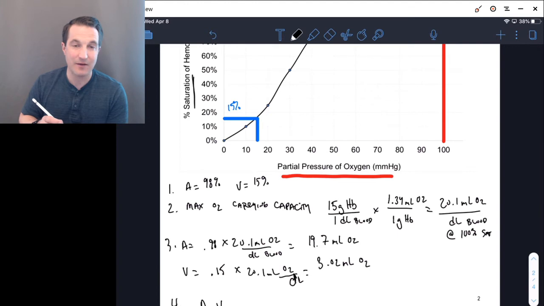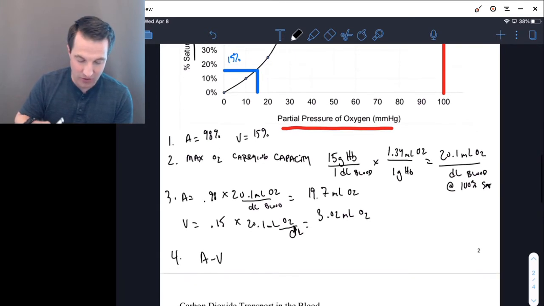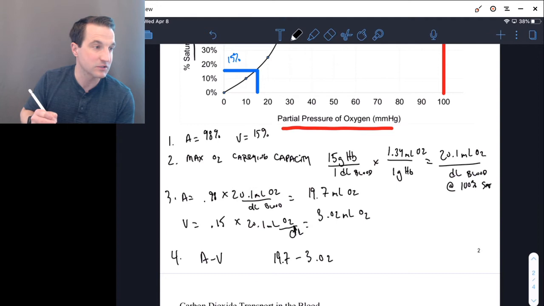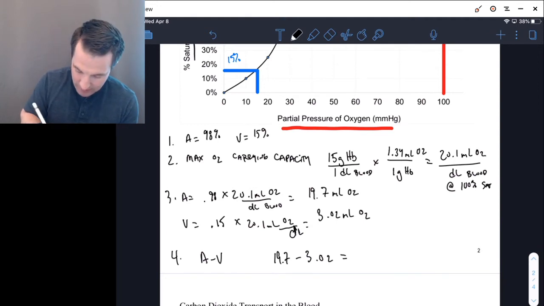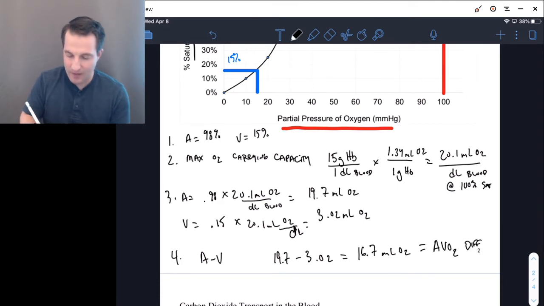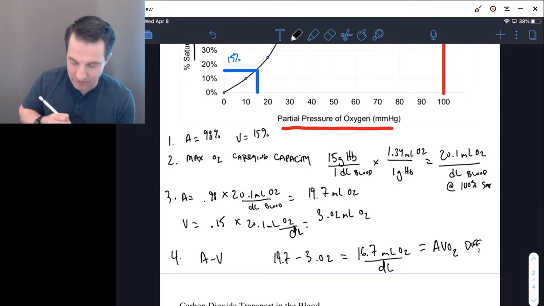Now, if we subtract the amount in the veins from the amount that's in the arteries, then we get 19.7 minus 3.02. We'll just say 3 for the sake of this. We're going to get about 16.7 mLs of O2 equals our AVO2 difference. And that's going to be per deciliter of blood.